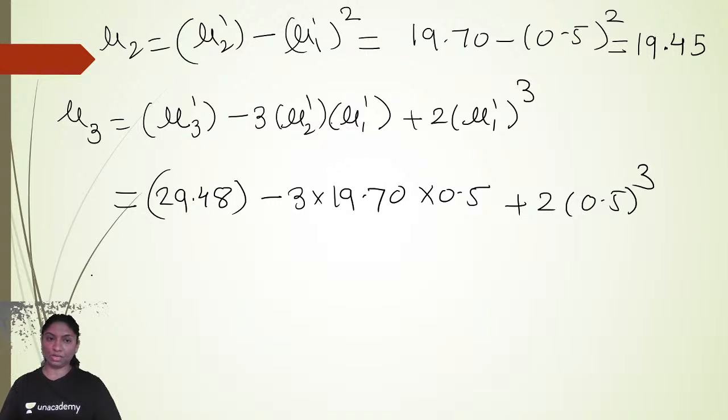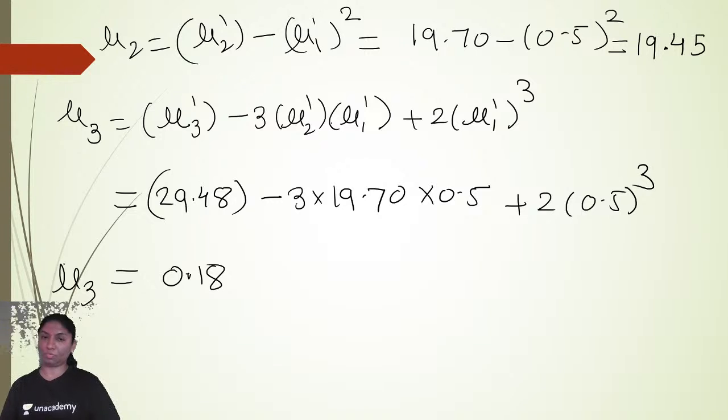So you will get mu3 is equal to 0.18. Mu3 is equal to 0.18.